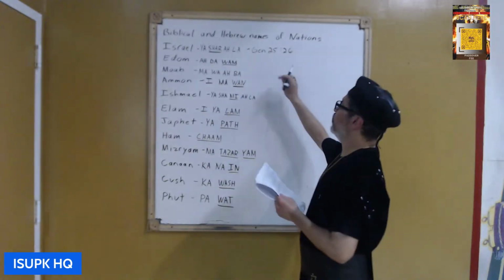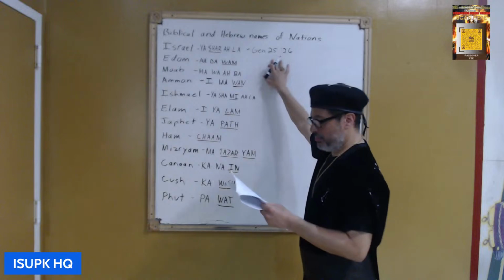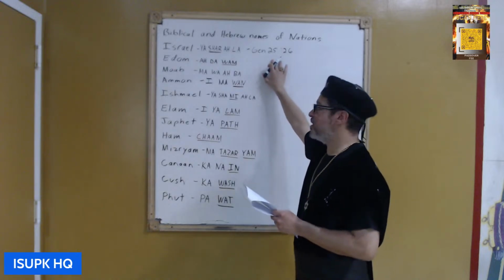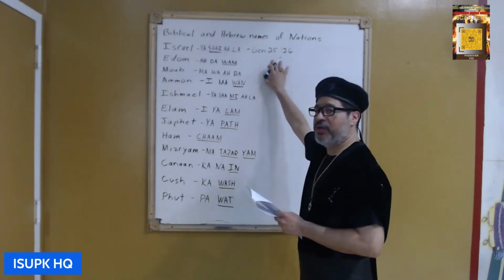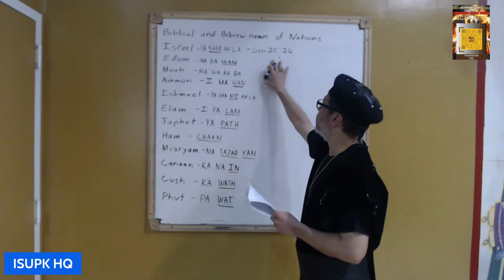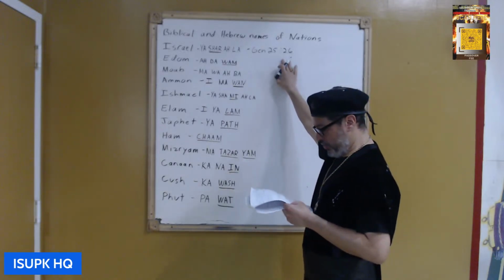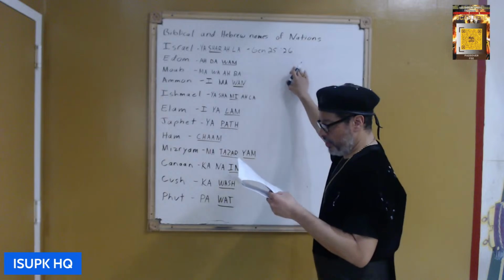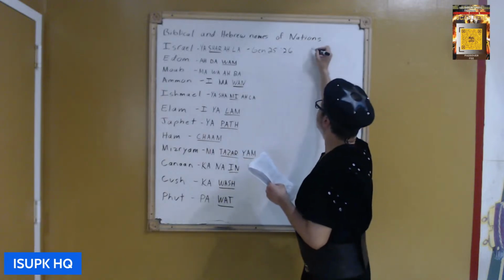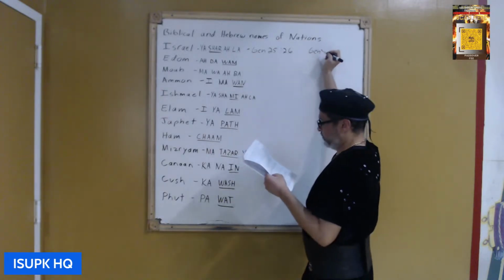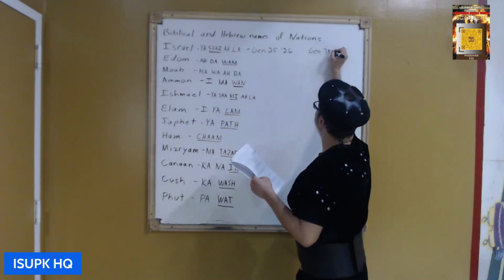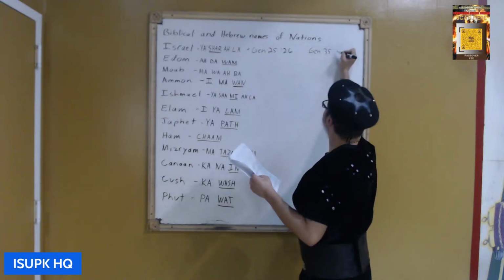Okay, this is where you're going to see Jacob. And we're going to go over this next. That's the next part of this class. We're actually going to go into the Hebrew and the Bible so you can see it for yourself. This is where it's at. Next, you're going to see the word Israel. And you can see that in Genesis 35 and 10.